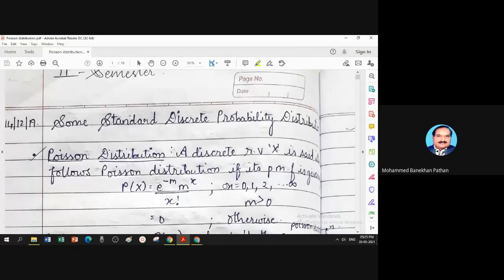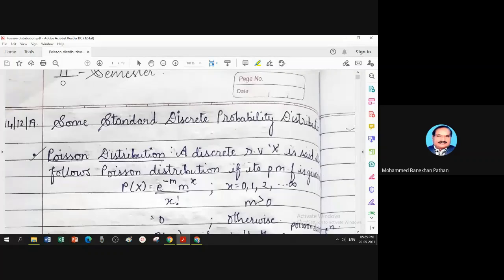Semester 1, I taught 4 different distributions. In each of them, random variable taking a finite values.